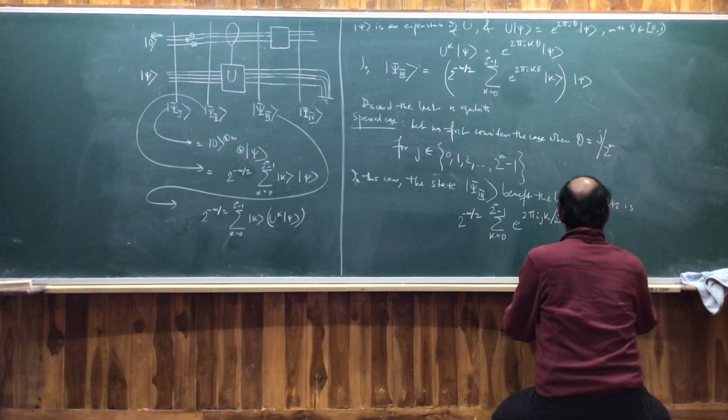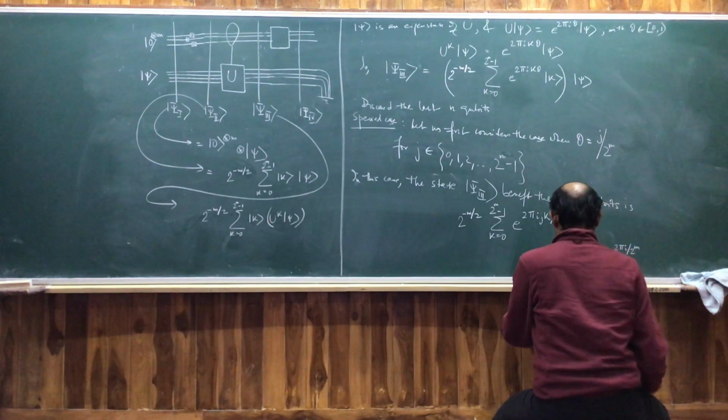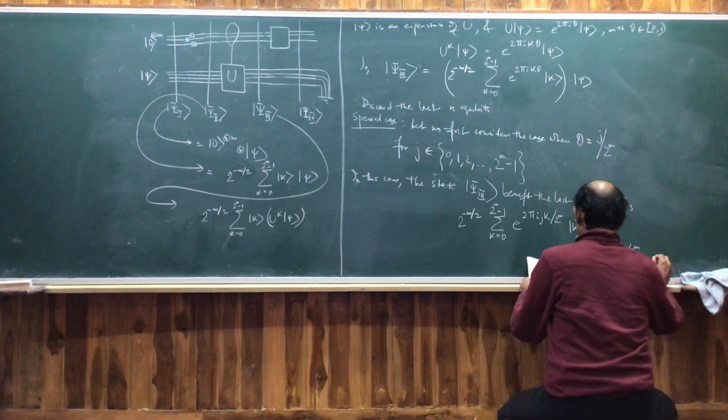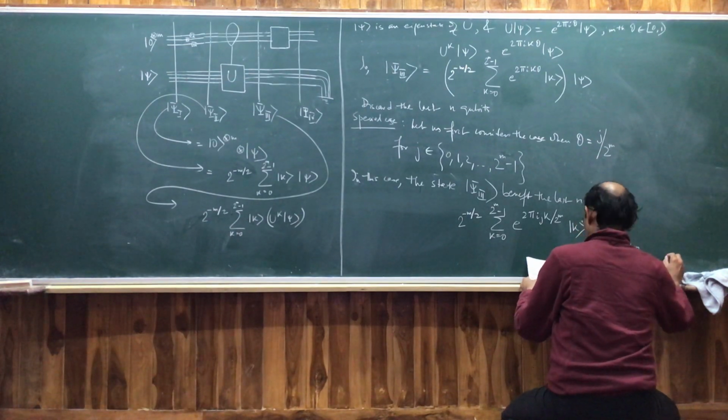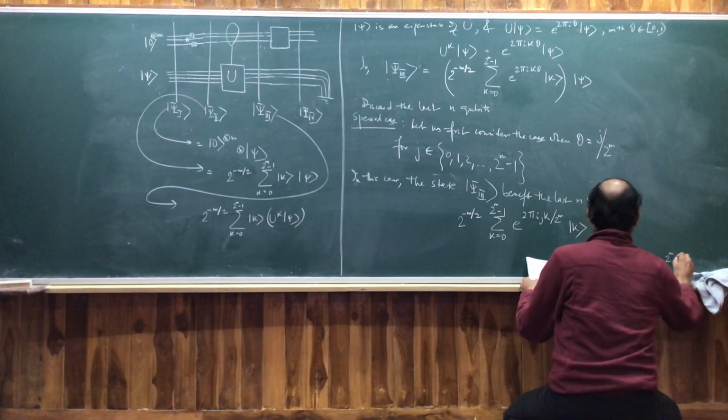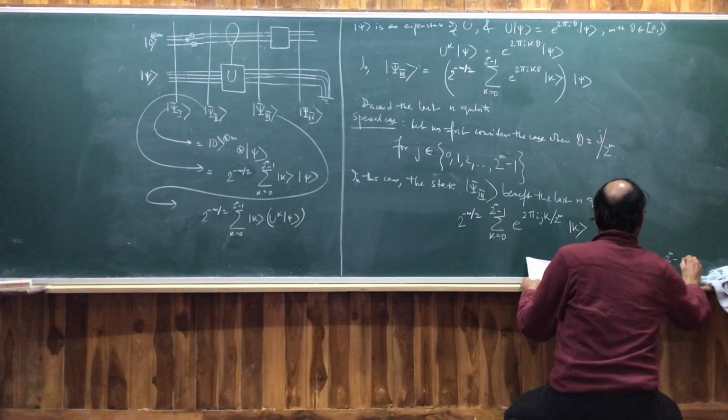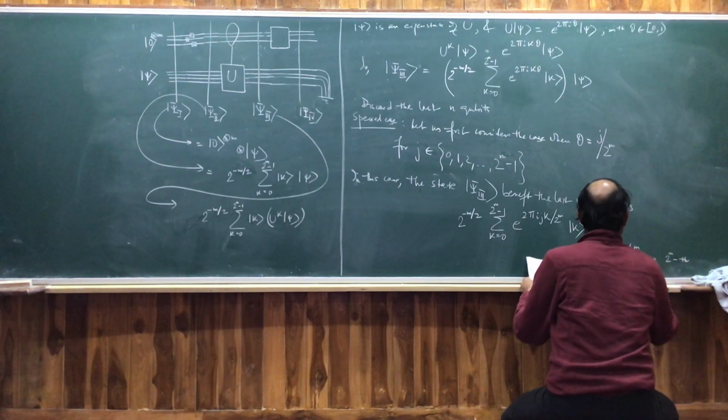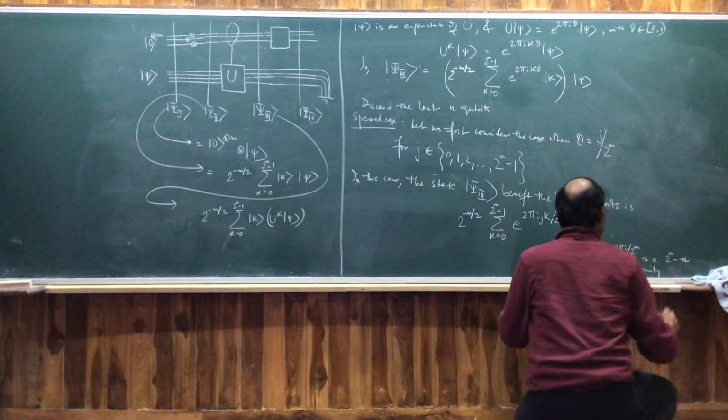This e power twice pi i over 2 power m is a 2^m-th root of unity, yes? It's fine?